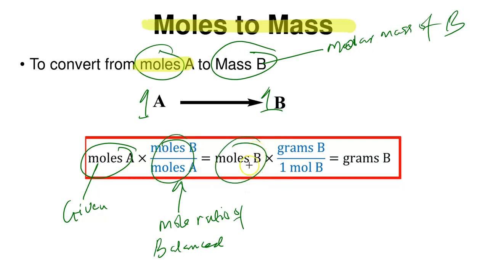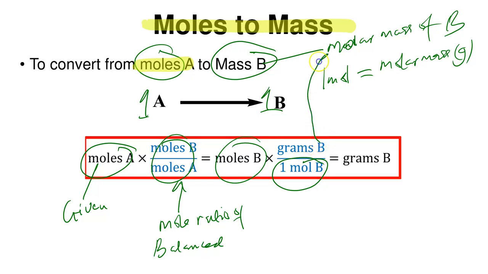To cancel moles of B, we know that the mole of any substance is equal to the molar mass of that substance, which will be in grams. So 1 mole of this will give us the molar mass, which has to be on top. And then when you do this, the moles cancel and give us the grams of B, or the mass of B.